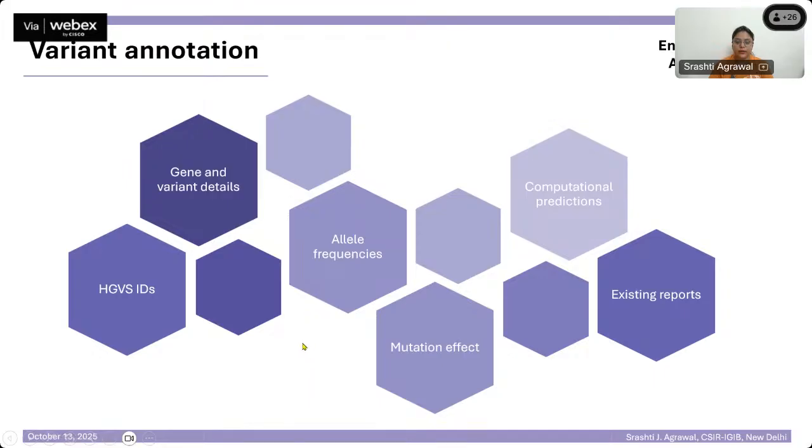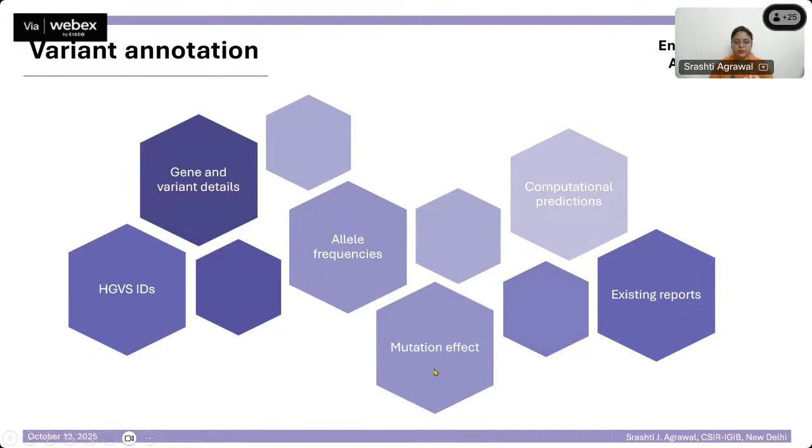So that output needs to be analyzed, and there are specific variant annotation softwares like Ensembl VEP or ANNOVAR, which give us detail about the variant as well as the gene it is present in, the specific nomenclature for that variant, the frequencies present in the publicly available databases, how frequent it is in the population, or the effect it might have.